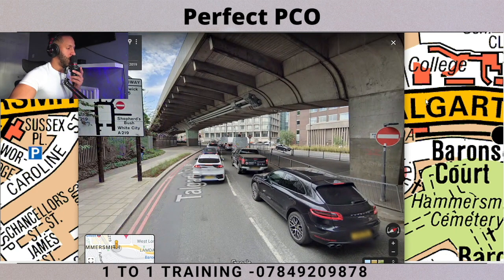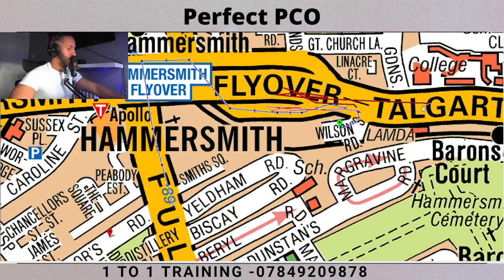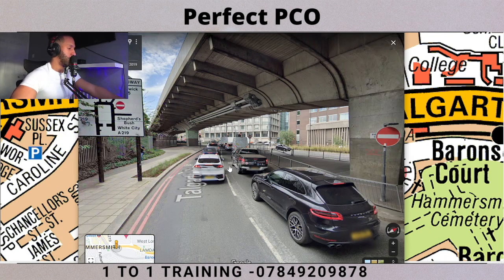Right, now, let's see where we are on the map. On the map, now we're here. As you can see, we're about to go underneath the flyover. So let's go underneath the flyover.